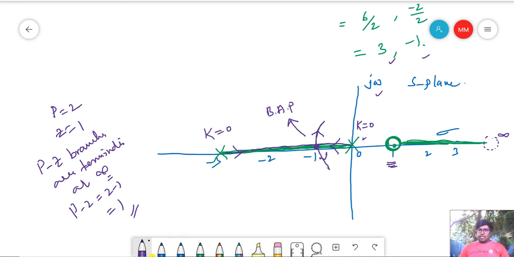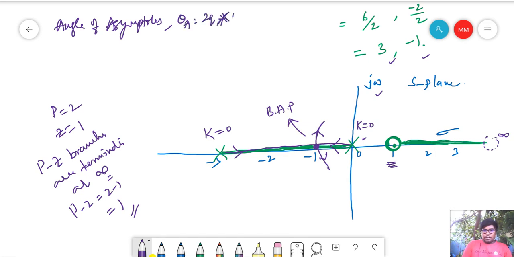Okay, so for that one, how will I know, sir? I will know that a 0 exists here. It is known by the angle of asymptotes. So we will see the angle of asymptotes. Already given, it is 2q into 180 degrees divided by p minus z. So what is that value? Q is equal to 0 and 1. How to find the q value? Q is equal to 0, 1, and so on, up to p minus z, 2 minus 1, so 1.